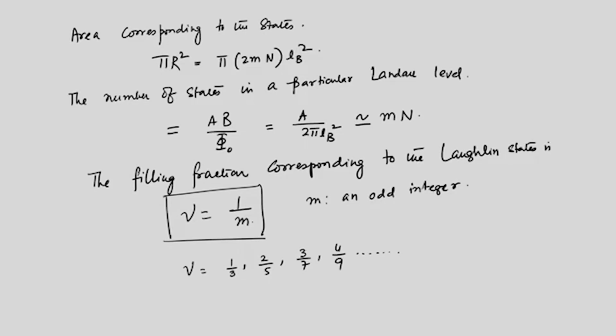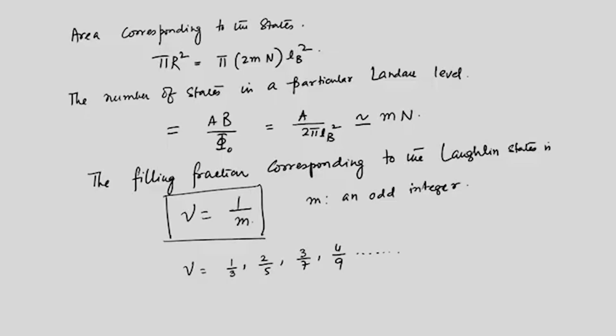There are many books and texts that are important. This article by David Tong is one of the very important texts in this particular case. There are many others; Tony Leggett has nice reviews on this, Daniel Arovas, and many others. There are a number of very good reviews written on the fractional quantum Hall effect.